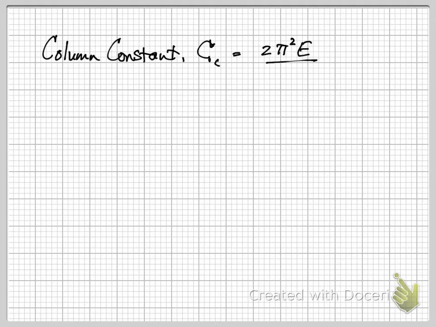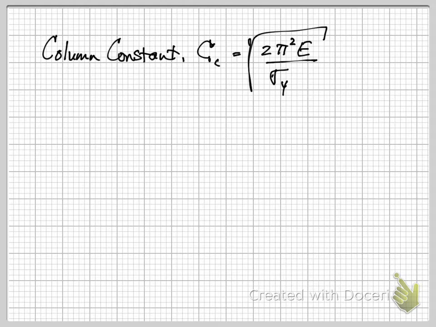We're going to compare the slenderness ratio to a value of a constant that we call the column constant, capital C sub little c for short. And the equation is the square root of 2 pi squared E over sigma y.